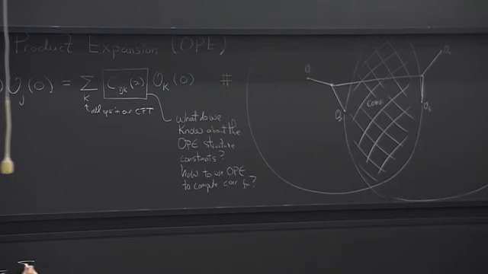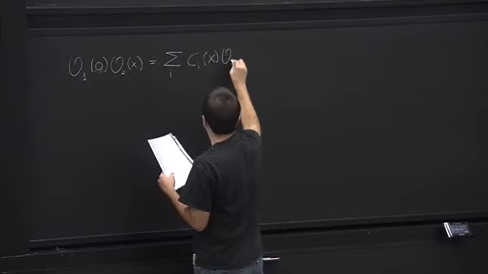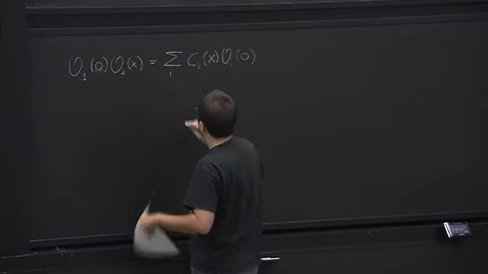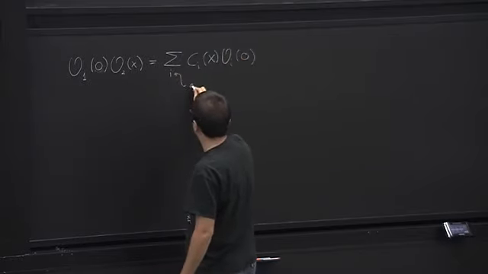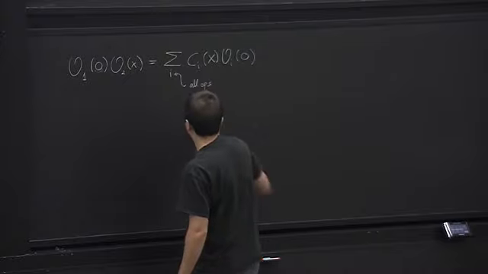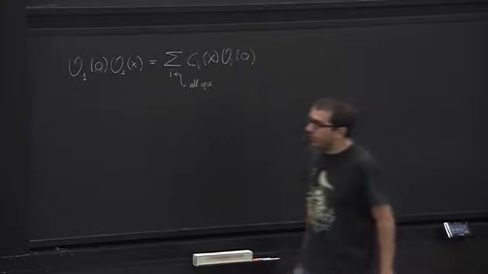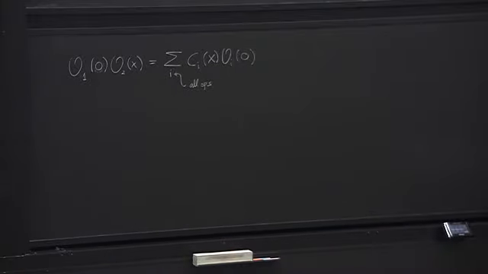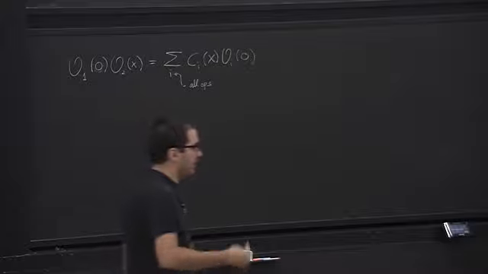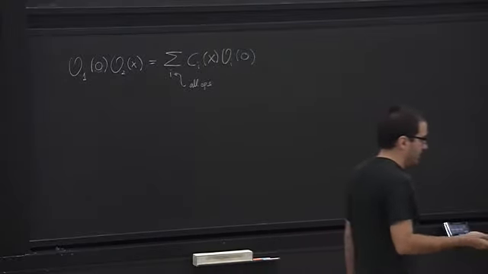we have this sum over I, some coefficient C_I of x, O_I at 0, where this sum over I is a sum over all operators. It's a sum over all possible states of your Hilbert space. But our Hilbert space separates very nicely into primaries, which are really the key guys, and descendants that are just derivatives of the primaries, that in a way we believe should be obtained from the primaries just by using the conformal algebra.